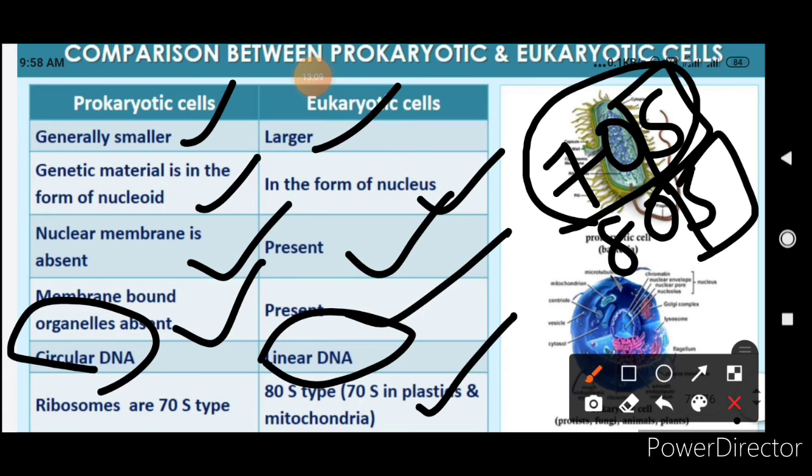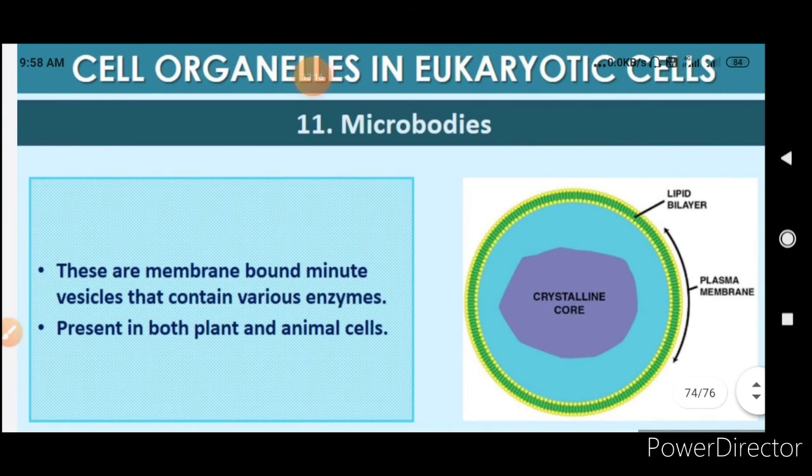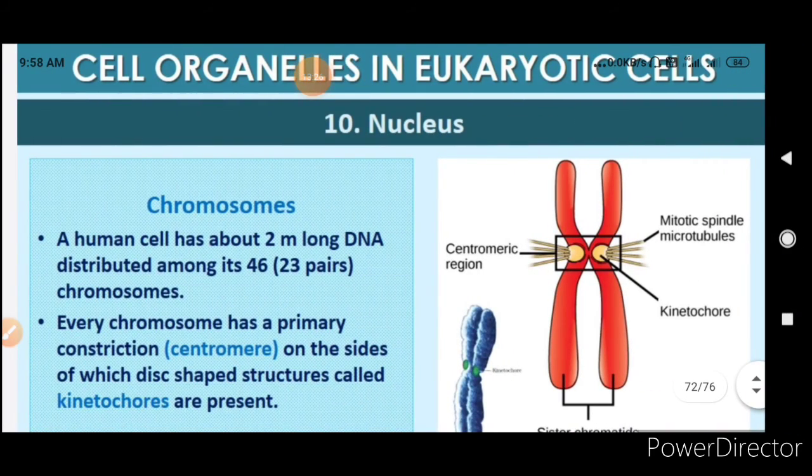So here we saw differences between the prokaryotic and eukaryotic cell. We saw differences between the plant and animal cell. Then we saw microbodies, which are nothing but the membrane bound minute vesicles that contain various enzymes, and they are present in both plant and animal cell. We saw types of chromosome.